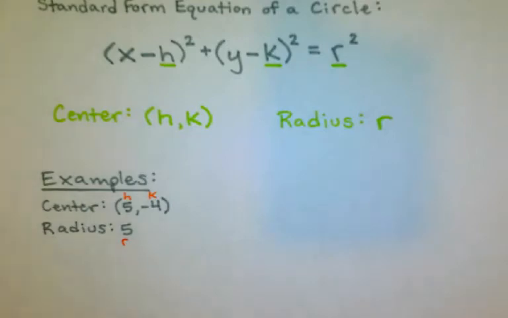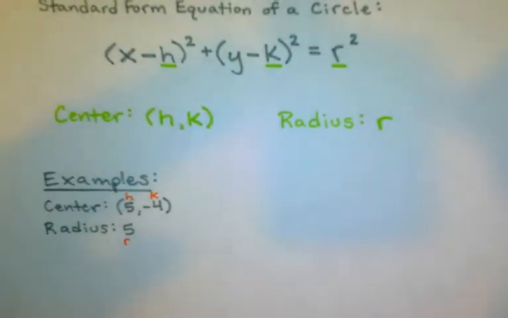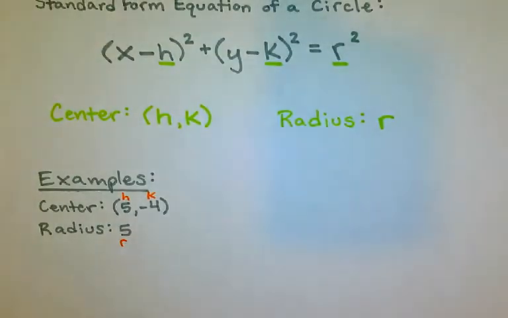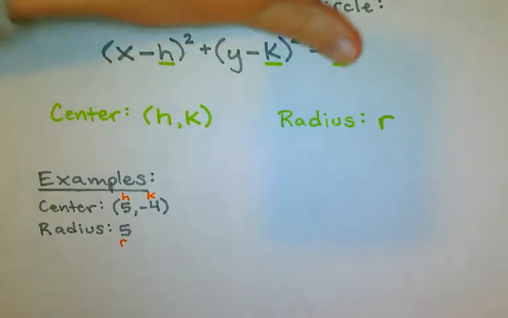So what I'm going to do is write out the skeleton of my standard form equation, which means I'm going to write out my standard form equation, but I'm going to leave a blank at the h, k, and r.